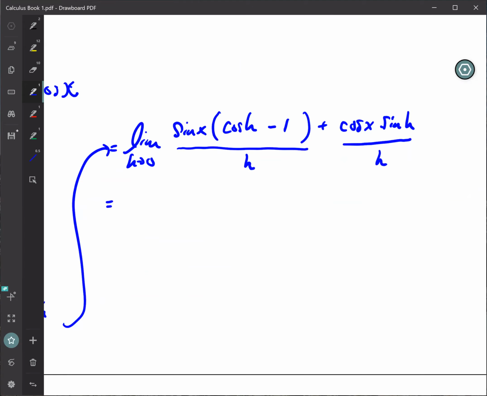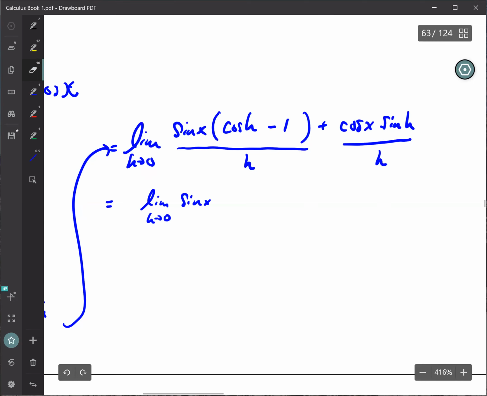So it's the limit as h approaches 0, and then the first part can be sine x times cosine h minus 1 over h. And then we know cosine h minus 1 over h is 0, so it's just times 0.